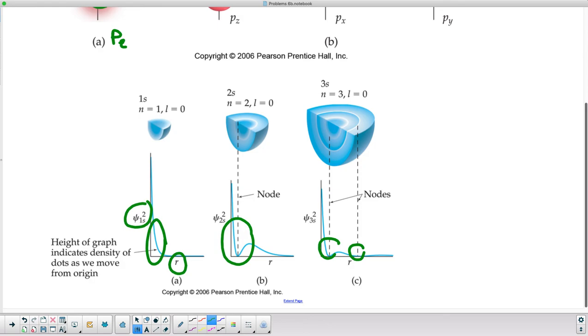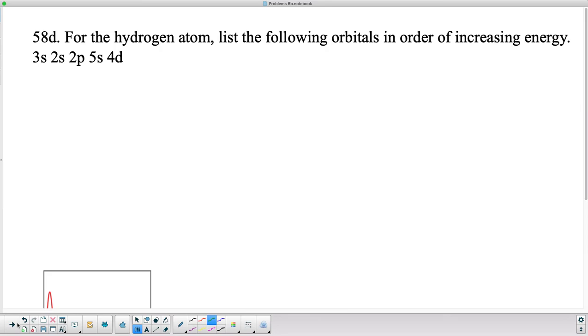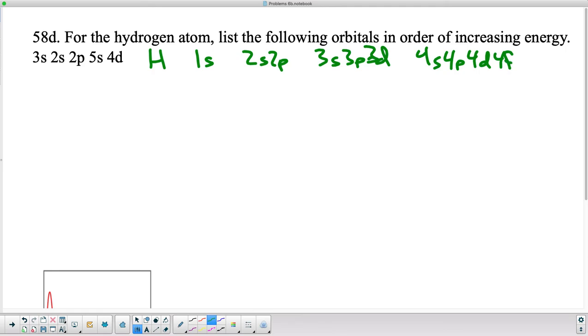And then D says, for the hydrogen atom, list the following orbitals in order of increasing energy. And this is very simple. For hydrogen, we have the 1s, then 2s and 2p all together, then 3s, 3p, 3d all together, and then the 4s, 4p, 4d, and 4f all together.